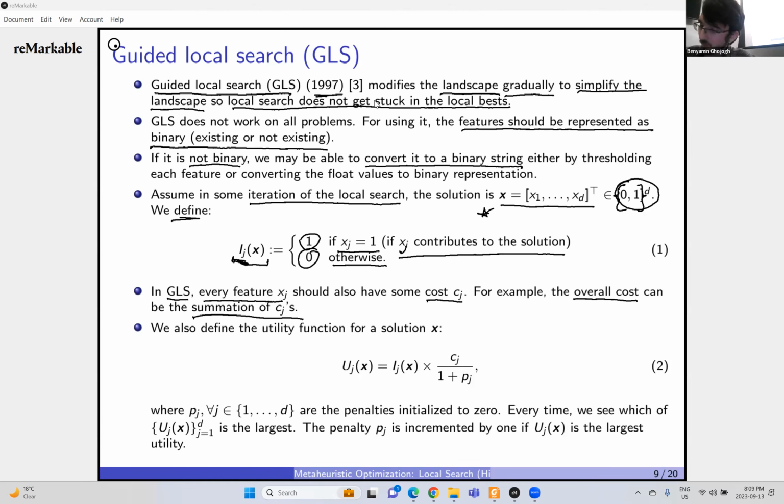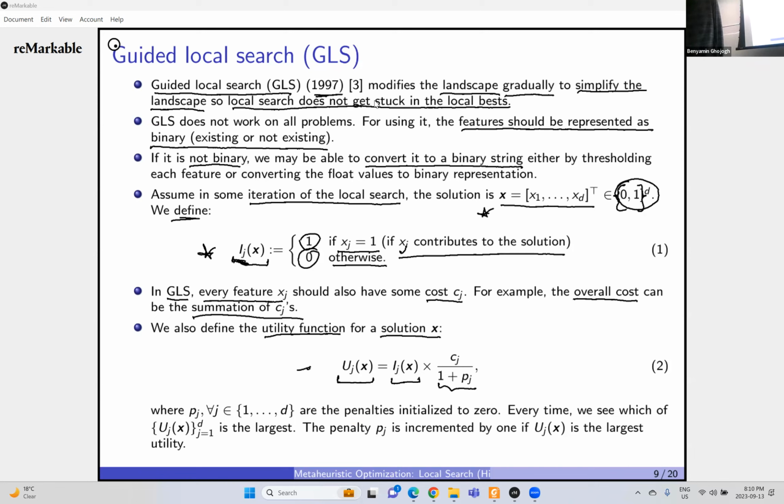We also define the utility function for the solution x. These are just definitions, and I'm going to use them. Uj of x, the utility function, is Ij of x, which I defined in equation 1, times cj, the cost of the jth feature, over 1 plus pj. Pj is the penalty for the jth feature, initialized to 0.